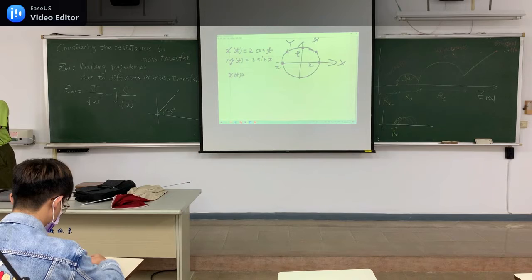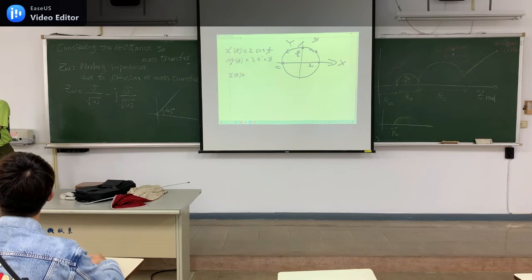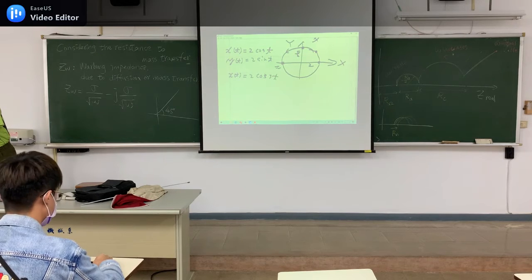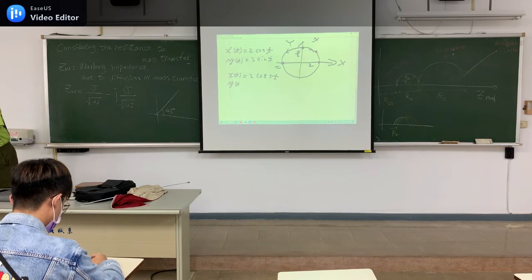There are infinitely many ways to use a parameter to represent the same curve. For example, here, x of t can be 2 cosine t and y of t 2 sine t. These two will also form the same curve.